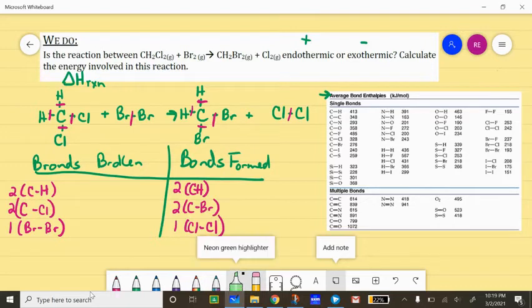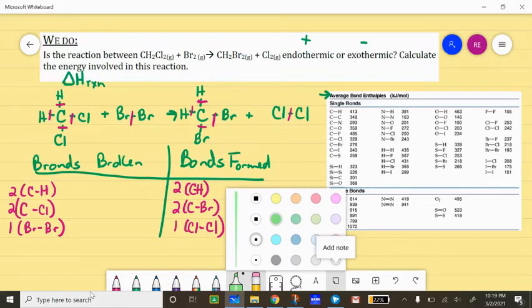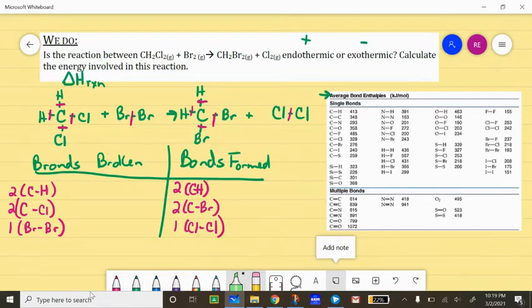All right, so we're going to go over to our bond enthalpies. So let's look for these. We've got carbon-hydrogen here, a carbon-chlorine here, carbon-bromine right underneath that, and we have a bromine-bromine and a chlorine-chlorine.